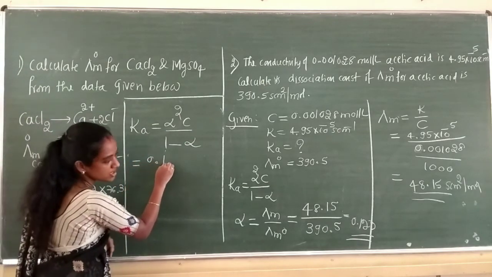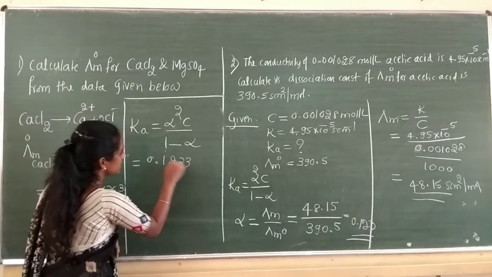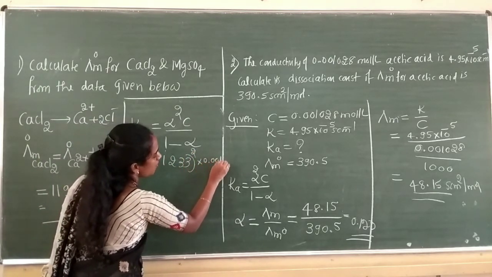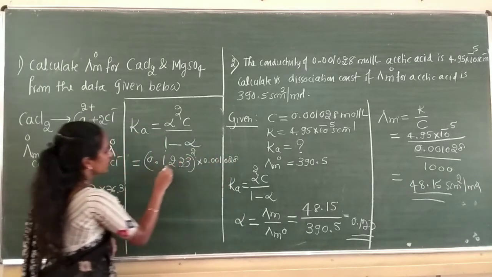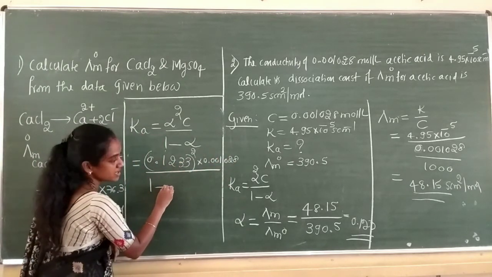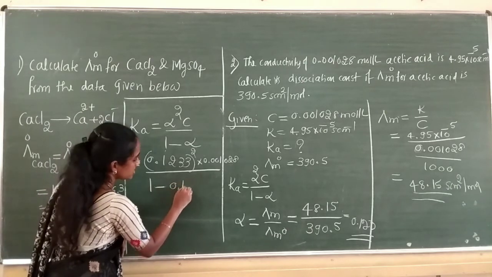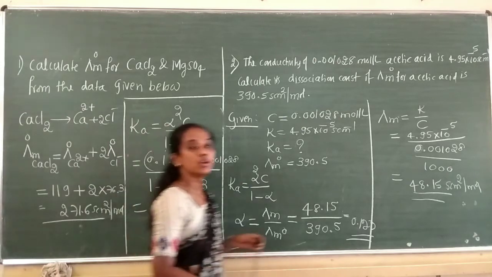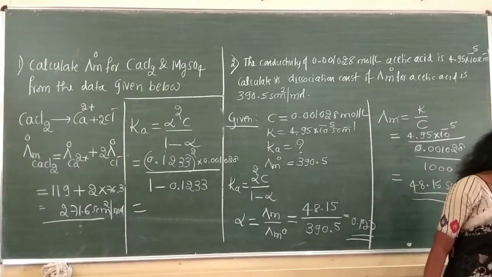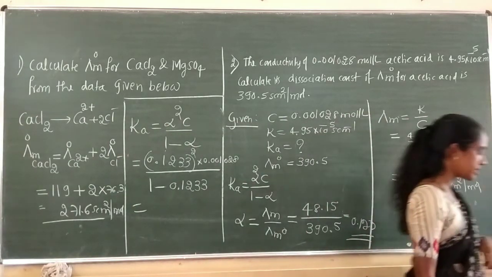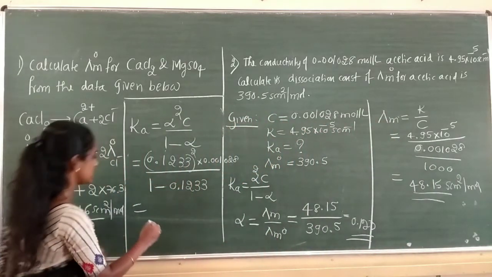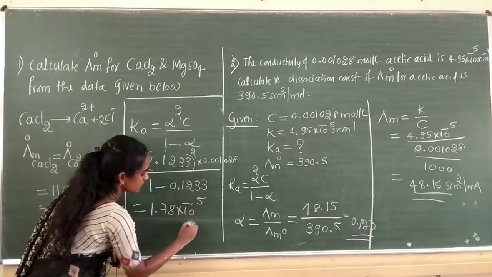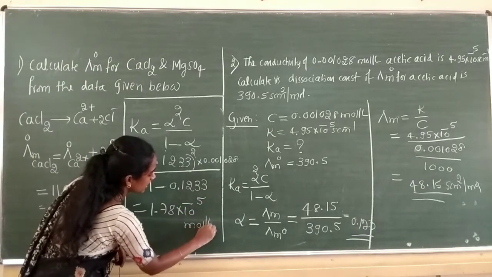It is 0.1233, squared, times the concentration 0.001028, divided by 1 minus 0.1233. So find out the answer here. We get the dissociation constant K, which is equal to 1.7 into 10 to the power minus 5. Answer is 1.7 into 10 to the power minus 5 mole per liter.